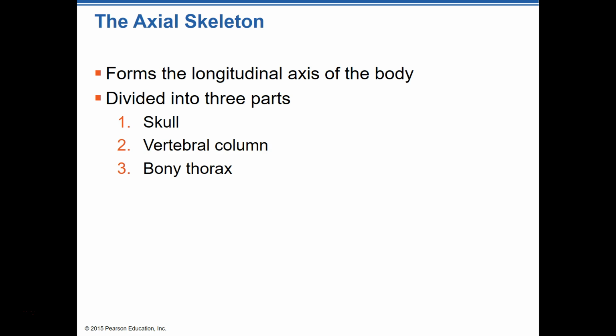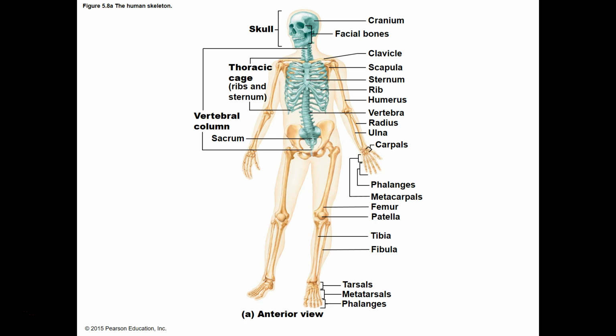The first one we're going to talk about is the axial skeleton. It forms the longitudinal axis of the body, and it's divided into three parts: the skull, the vertebral column, and the bony thorax. And I know you're probably going, what in the world is he talking about? Well, it's really not that tough. You see the kind of blue, green, whatever weird color that is, the axial skeleton.